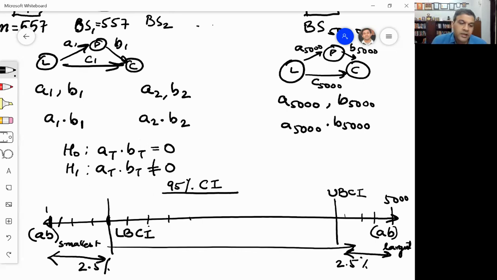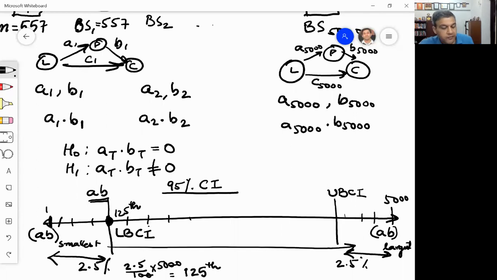What is going to be the lower bound? 2.5 divided by 100 into 5,000, right? You will get the 125th value here. Whatever is on the 125th position will be the lower bound. So basically you will get the lower bound of A into B here, whichever is on the 125th position.